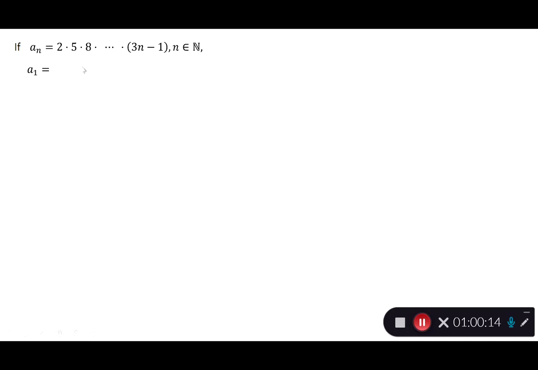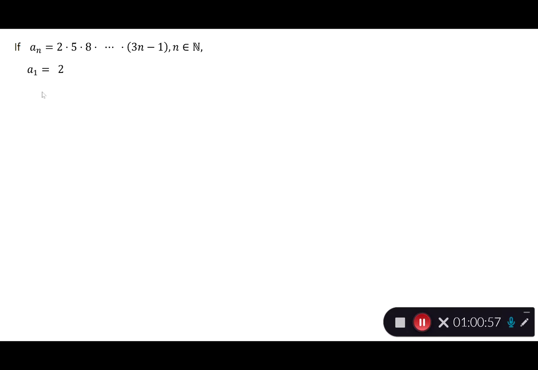So we keep on multiplying like this, starting with the 2, until we get to 3n minus 1. But n here is 1. So we start multiplying with 2 as the first term. We keep multiplying until we get to 3 times 1 minus 1, which is 2. We keep multiplying starting with 2 until we get to 2. So we already got there. That means stop.